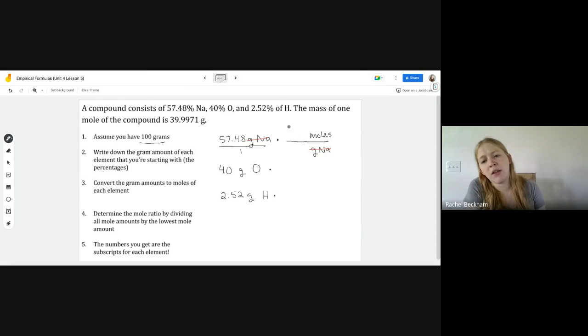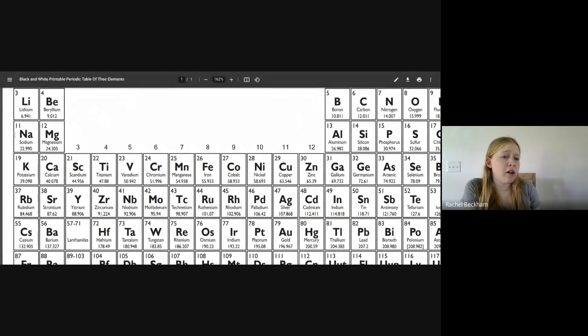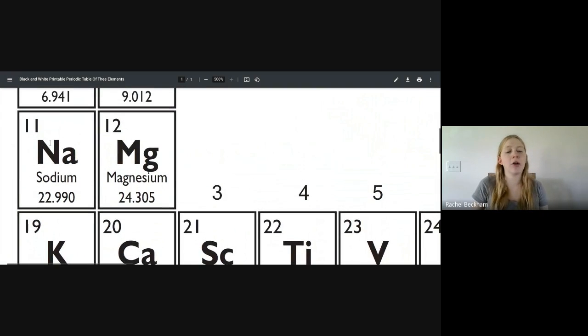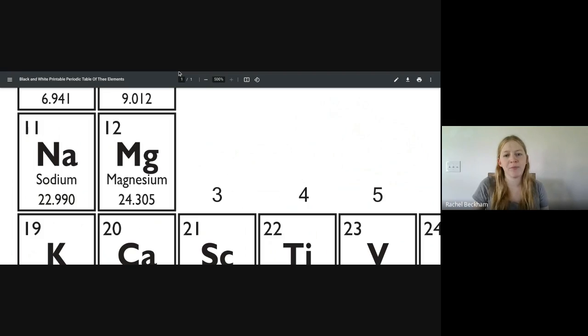Now we need to put in the relationship. How do we know how many grams are in a mole for Na? Do we know that relationship? Well, we do on the periodic table. So on the periodic table right here, sodium's molar mass is 22.990. You can zoom in on it if you want. 22.990. I'm going to round that to 23.